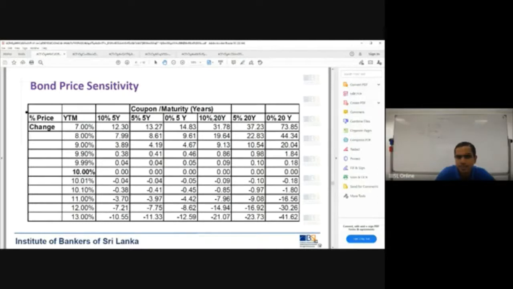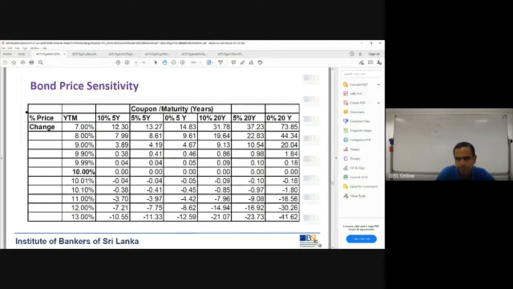Whereas for the 20-year bond, the price will change by 31%, massive. Likewise, when the yield on the 5-year 10% coupon bond increases from 10% to 13%, the price will drop by 10.5%, whereas the 20-year bond's price will drop by 21%, massive.